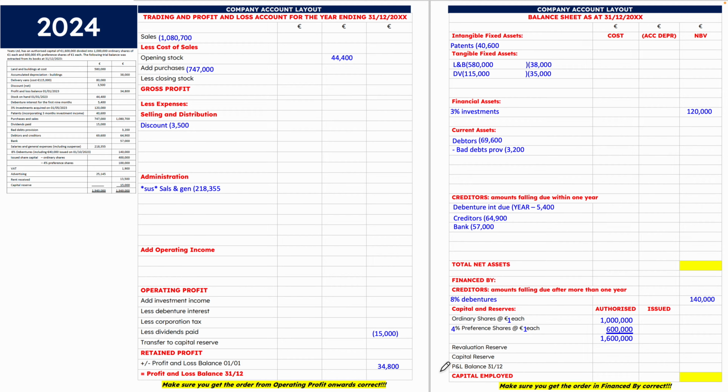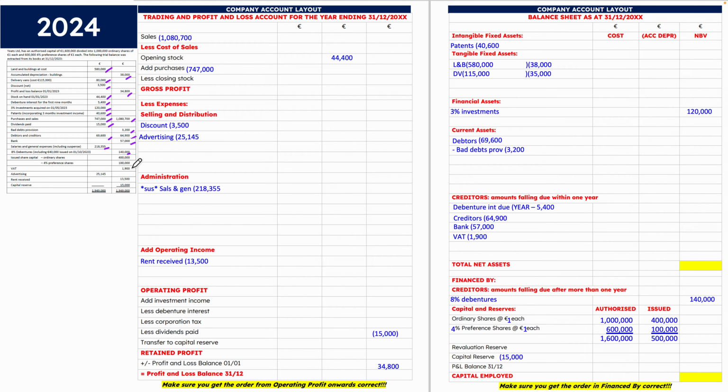When you have all of these in the right places, you need to go back to your trial balance and check that you have put in the right figures, because people can lose 4 marks here by messing up the figures, just writing them in wrong. They could lose 4 marks just for one figure. So it's just so many marks for this point here.